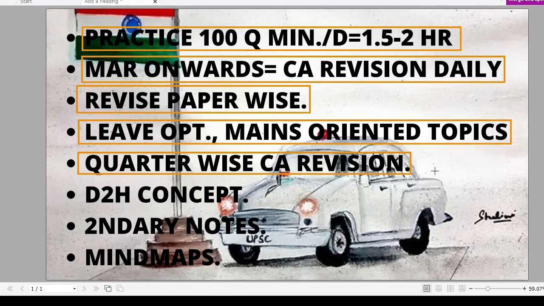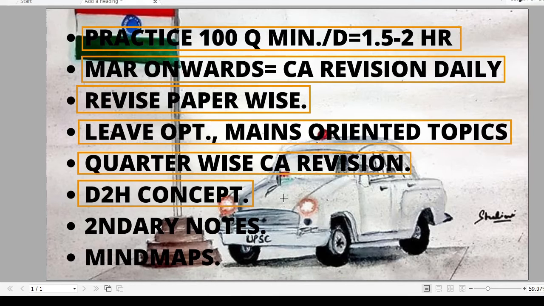Okay. So the next point I should tell you is the D2H concept. D2H is the direct to head concept. What I have tried to tell you is that direct to head means you should consume the material and directly remember it from the video or whatever material you are reading. And if you are watching a video, please watch the video one more time and remember it completely.